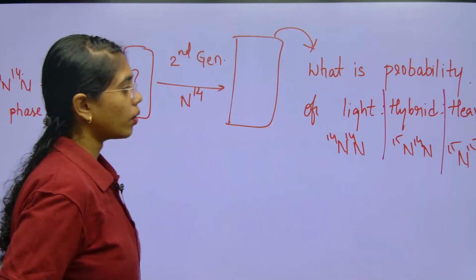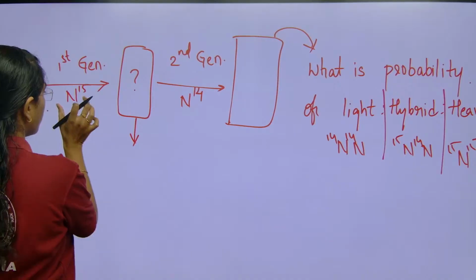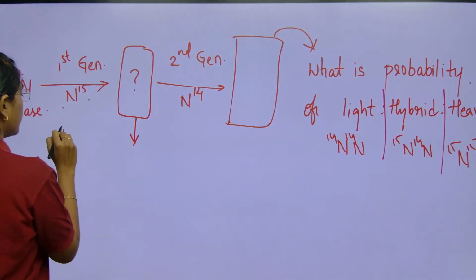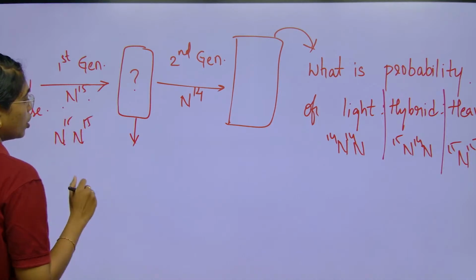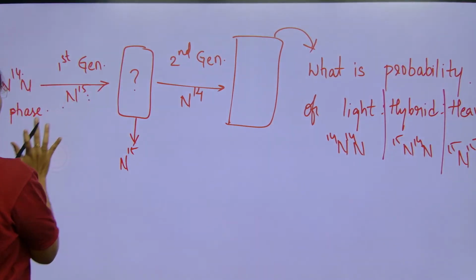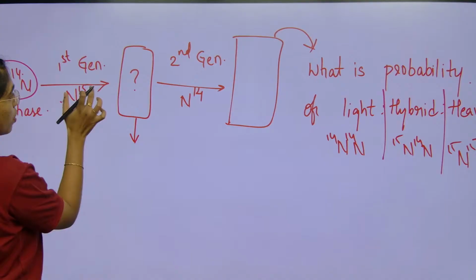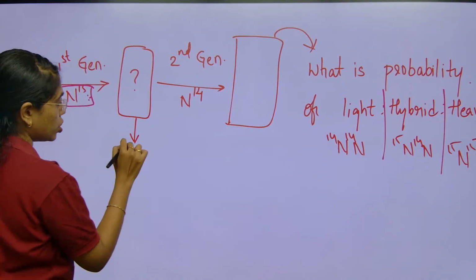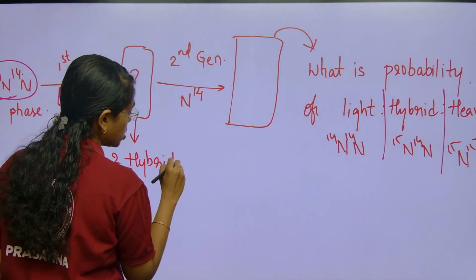What will be? Okay. So here if you observe in this case, when 2 strands are N15, N15, you will get, when it is incubated, here 2 strands are N14, N14. To this, when N15 culture medium is added in the first generation, you will get 2 hybrids itself, right? 2 hybrids itself.